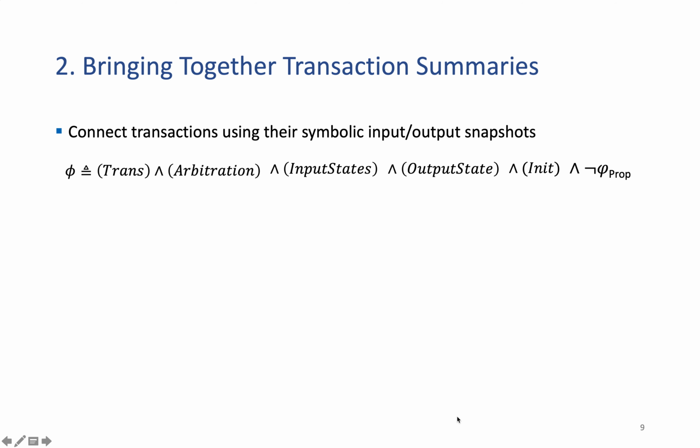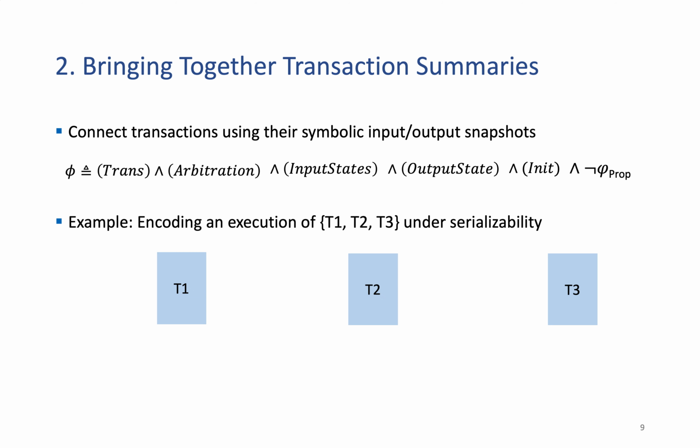How do we bring together those summaries? This is the formula, which is a conjunction of smaller formulas, and I'll explain how to build this on an example. Let's first, for simplicity, encode an execution of transactions T1, T2, T3 for serializability. So trans is the symbolic summaries of the transactions. Arbitration is a total order relation between the transactions in the system.